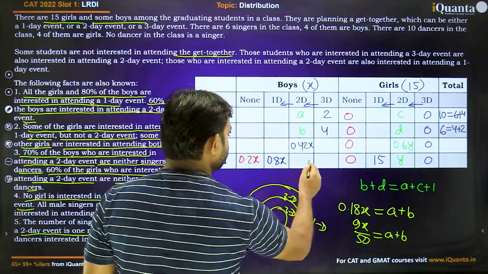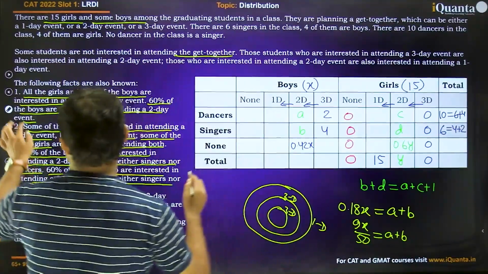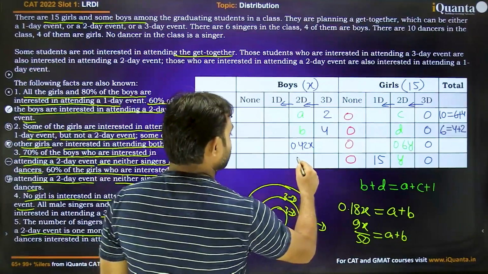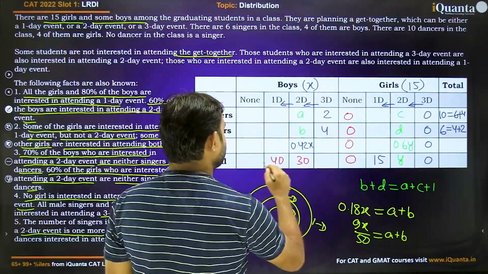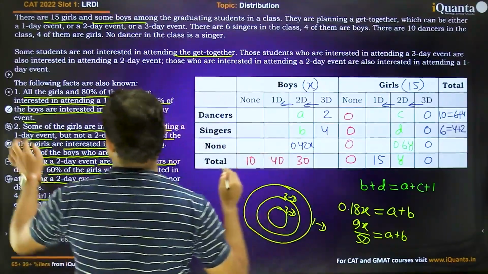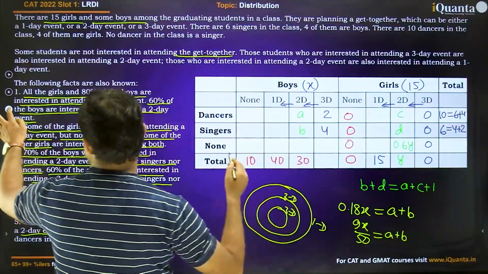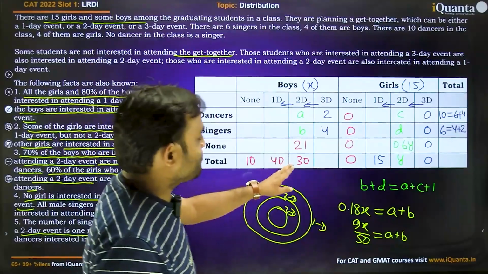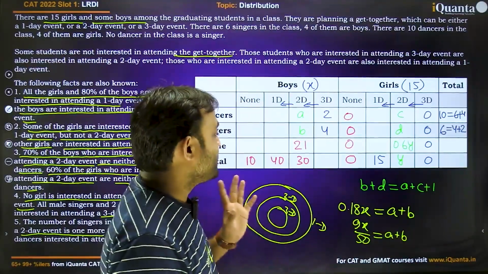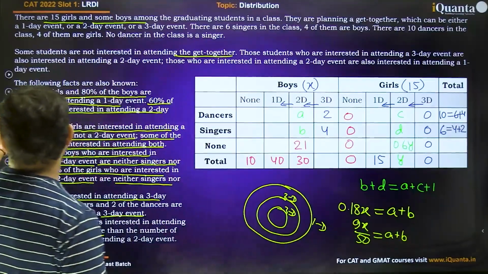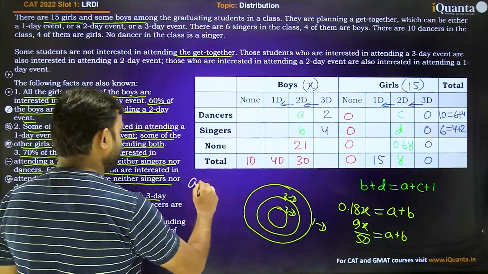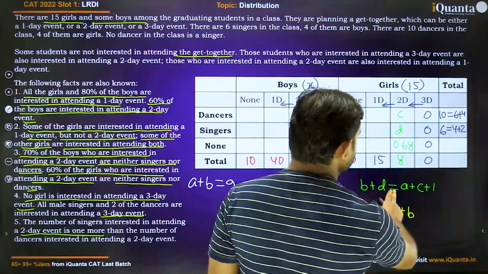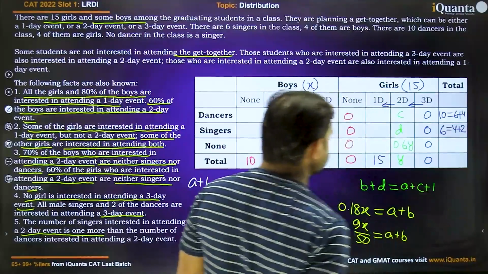If x is 50, let's put down all the values. This value must be 30, this will be 40, and this will be 10, and this value will be 21. Now, if this value is 21, we can say A plus B must be 9, right? And we know that here B plus D is equal to A plus C plus 1, right?